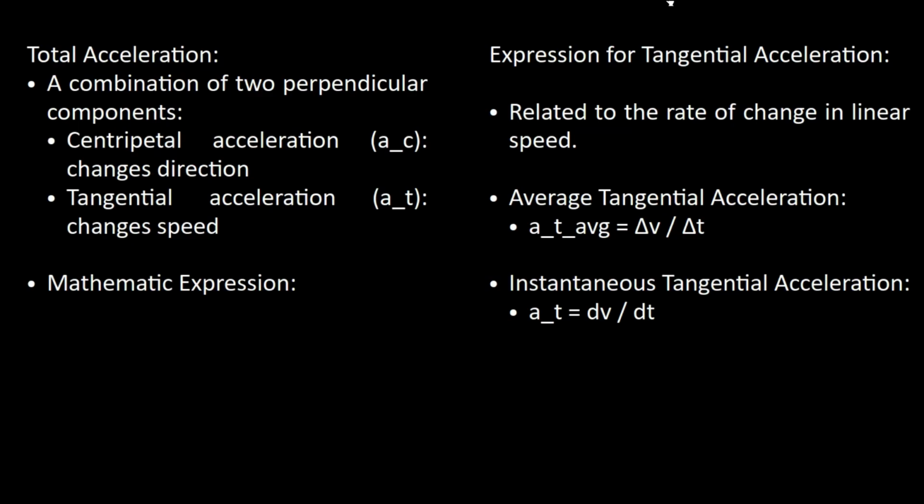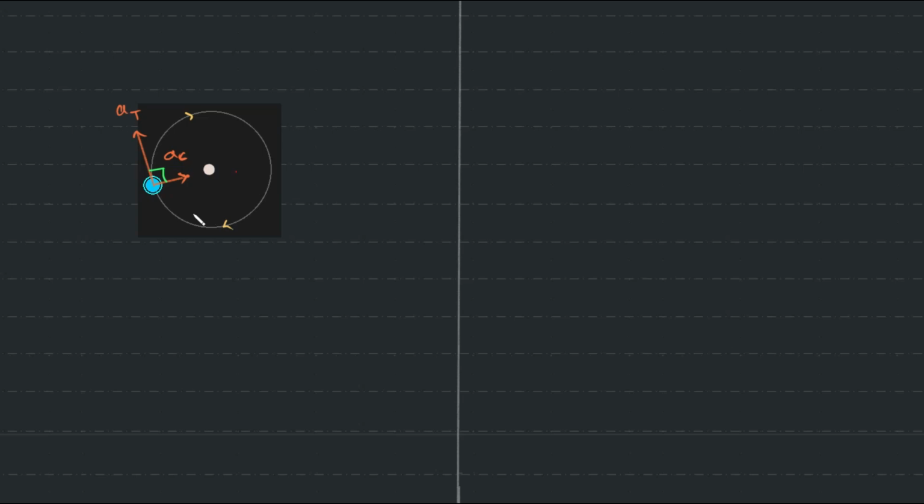So if they are perpendicular to each other, the resultant of these two perpendicular components will be pointing somewhere in this direction, right? We'll use the parallelogram of vector addition.